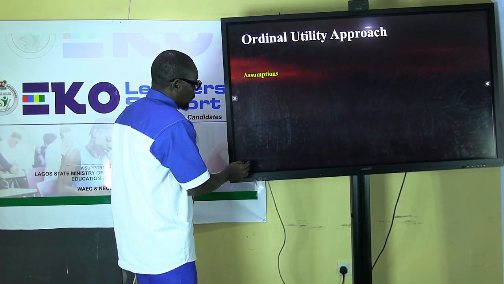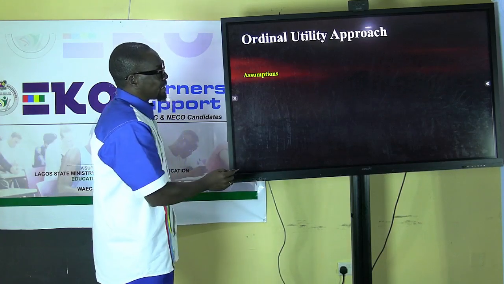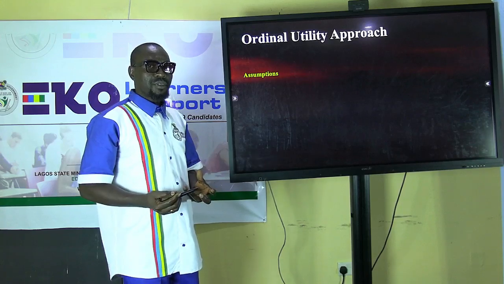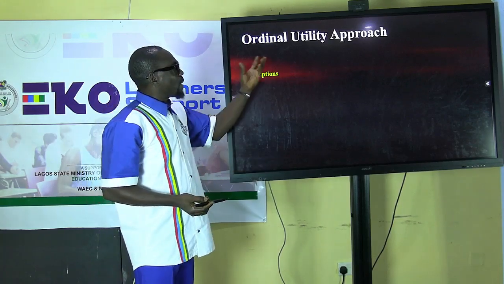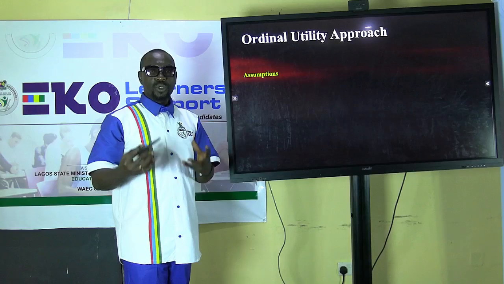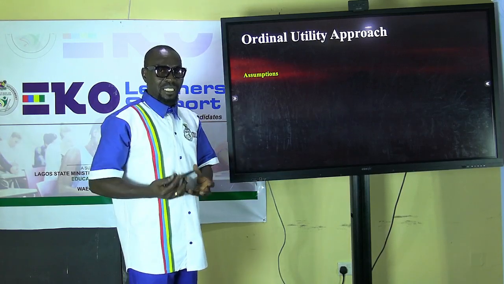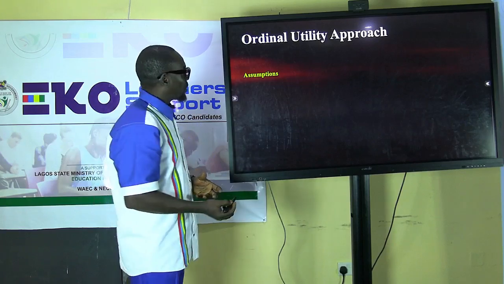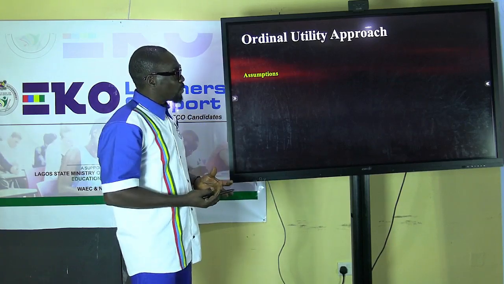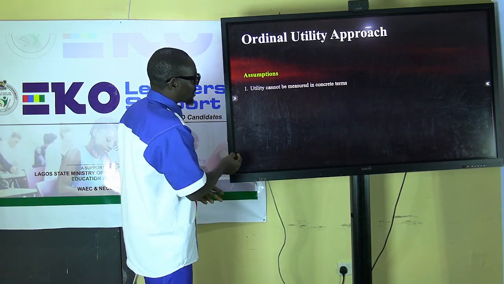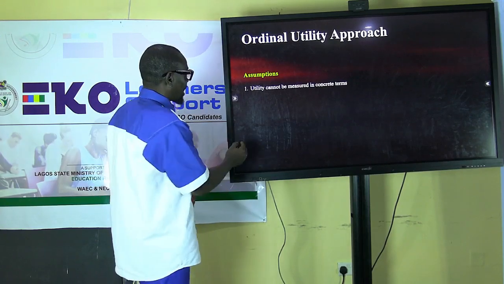Now, we'll go to the ordinal utility approach, which is also referred to as the indifference curve approach, where utility cannot be measured, but rather can be ranked in order of preference. Okay? So, in this session, we'll look at the assumptions, and then we'll talk about the analysis at another session.